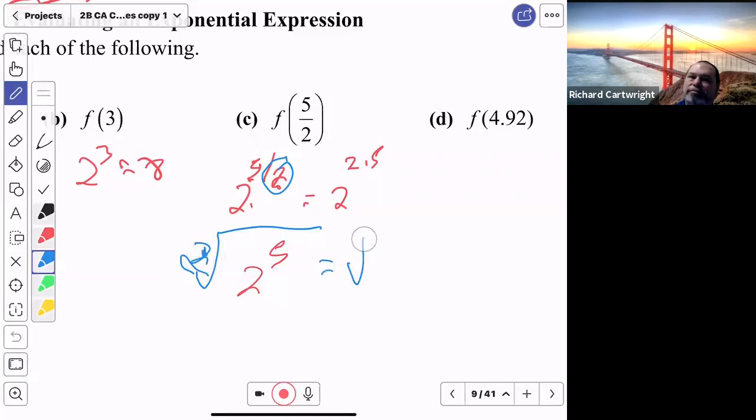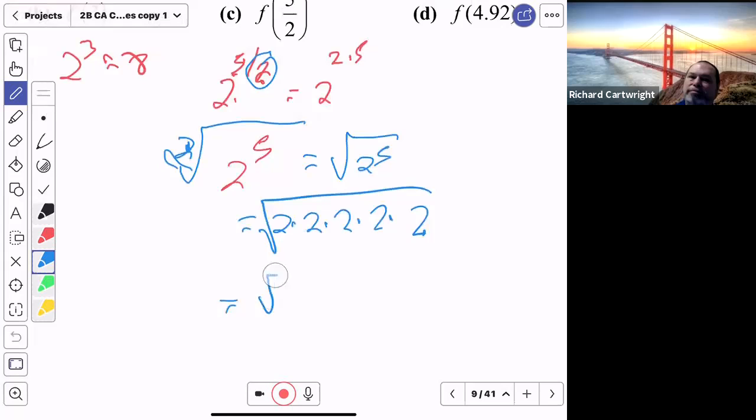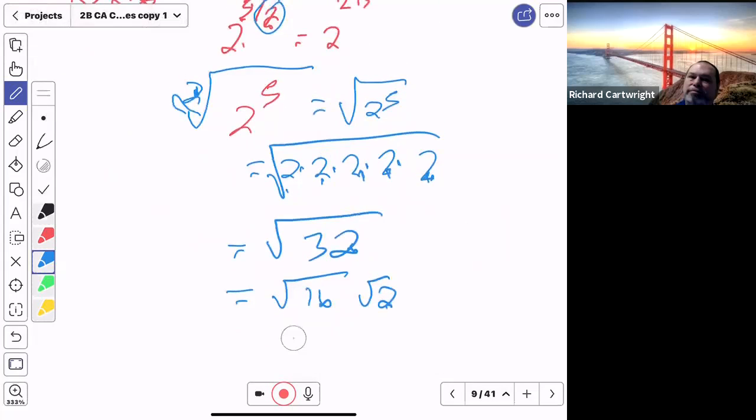So it's 2 to the 5, which means 2 times 2 times 2 times 2 times 2, square rooted, which means square root of 4, 8, 16, 32, which simplifies to square root of 16 times square root of 2, which is 4 square root of 2. There's the answer I would want.